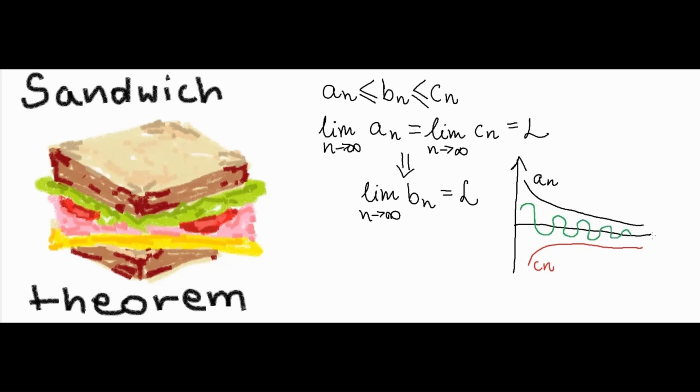No matter what way bn goes to, it still goes to the same limit as an and cn, because it is sandwiched between them.